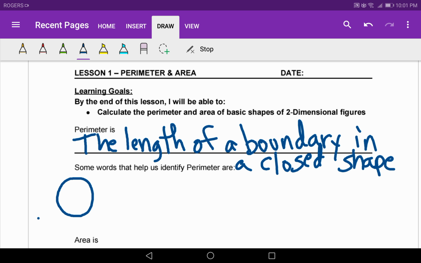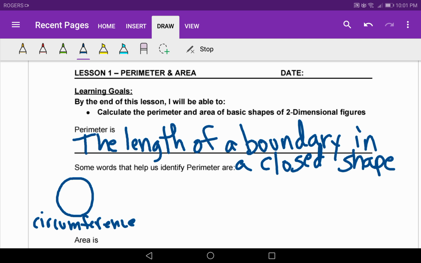So when it comes to a circle, there's another name for the perimeter. It's called the circumference, and that's the only special word for perimeter. In any other case, it is known as the perimeter. But when it comes to a circle, it's known as the circumference, which is the length of that boundary that I just drew in a circular shape.